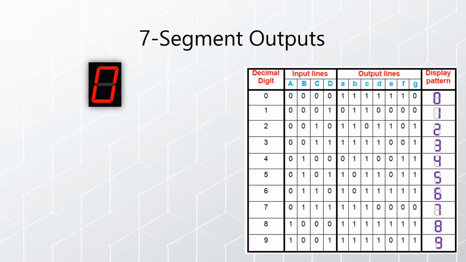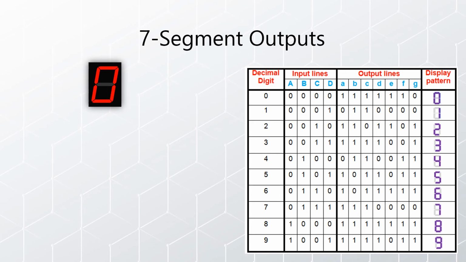Now we have the 7-segment outputs. As you can see in the truth table, it shows the input lines A, B, C, D and the output lines A, B, C, D, E, F, G and the corresponding display patterns that appear on the 7-segment display. This is a small demonstration of how we get the numbers 0 to 9.